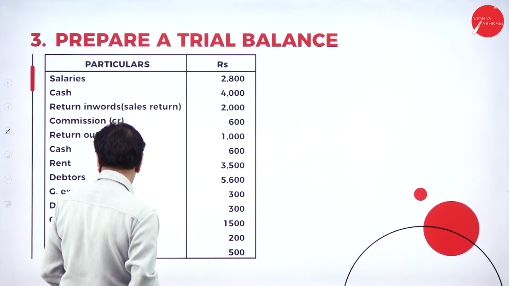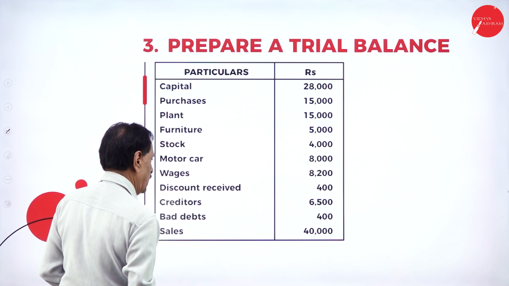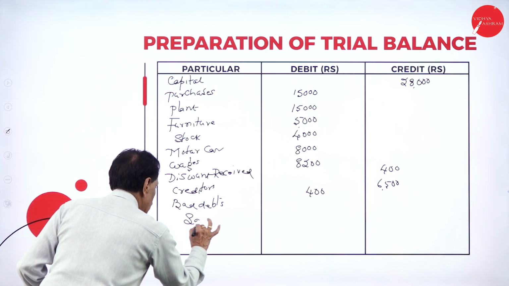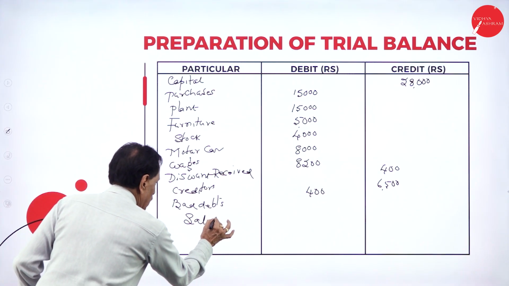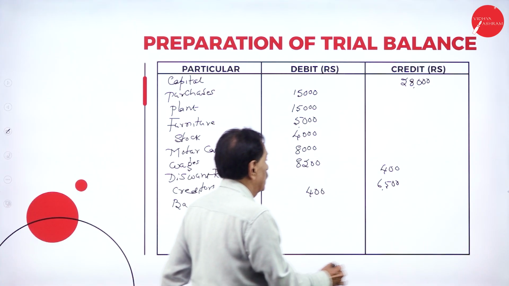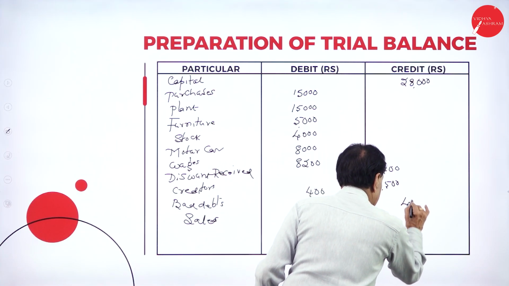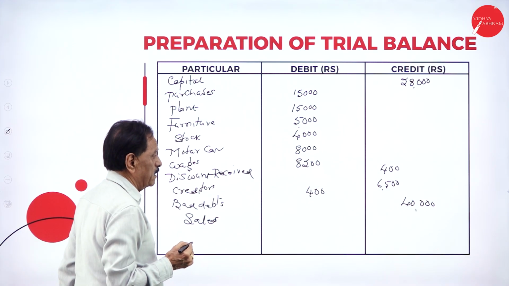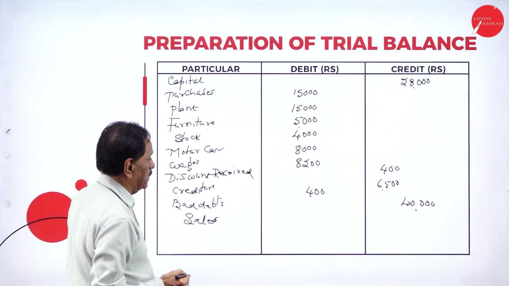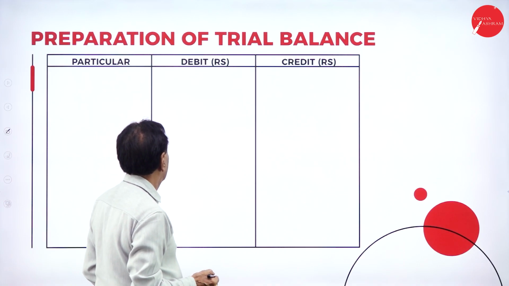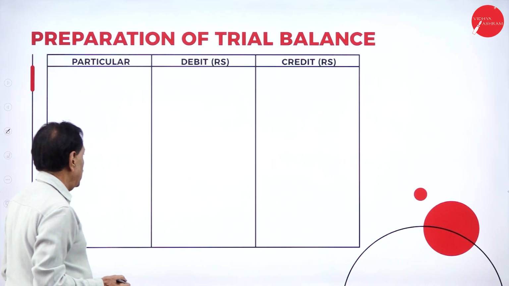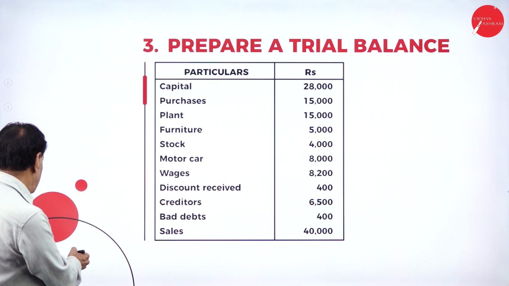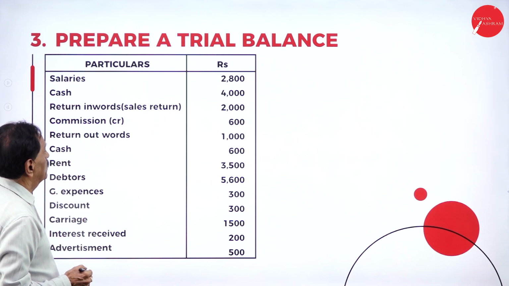Then sales. Credit side 40,000. Sales 40,000. What next?